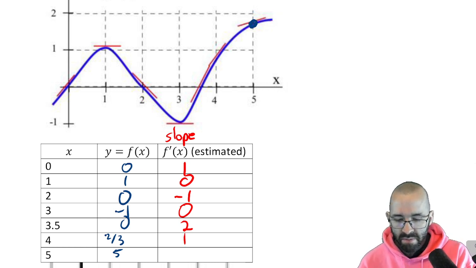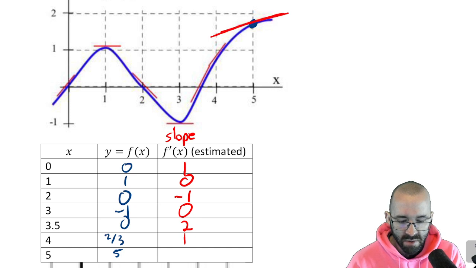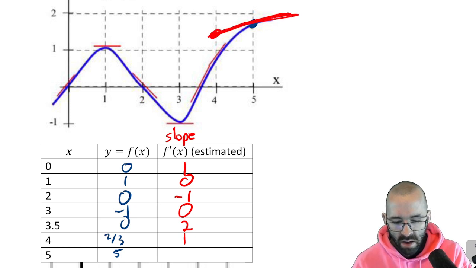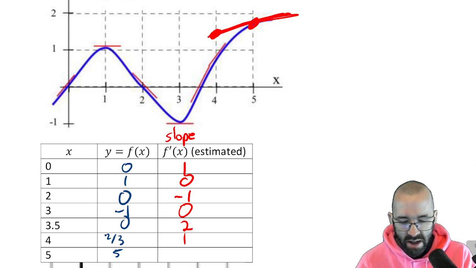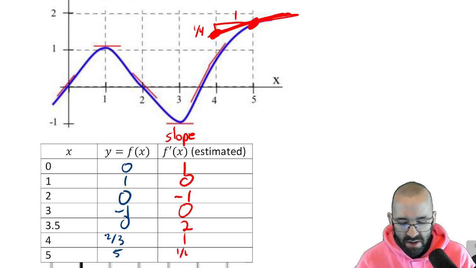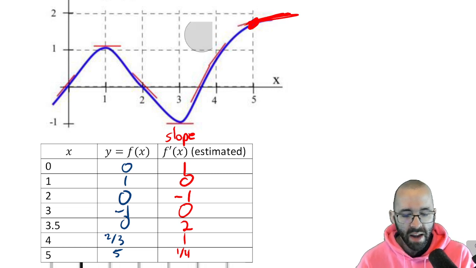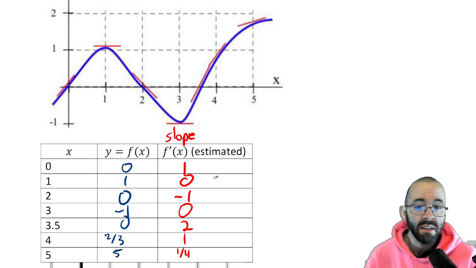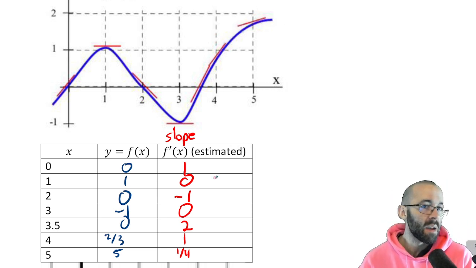Slope here. Let's get a better approximation. Over here, let's say it goes up 1/4 and right 1. Let's approximate and say the slope's about 1/4. You might have a different answer. That's fine. We don't have to approximate it the same way.